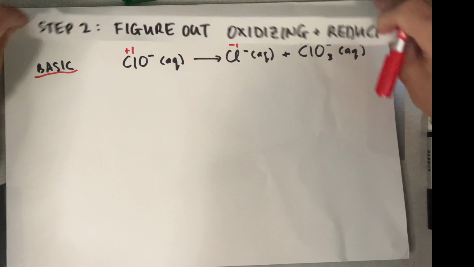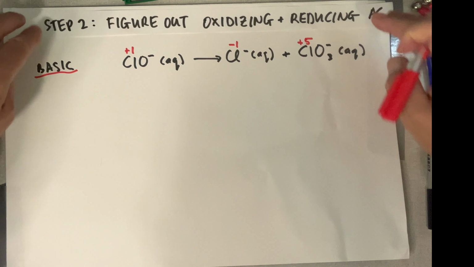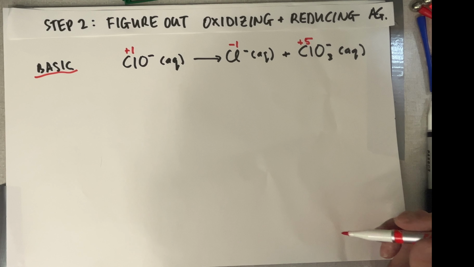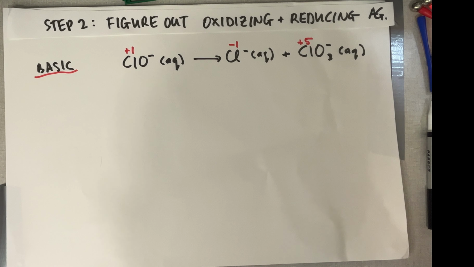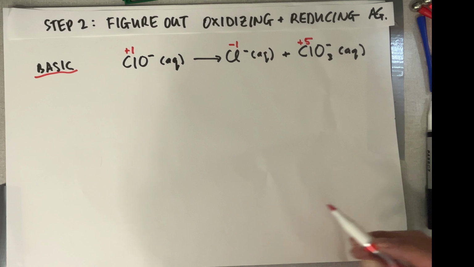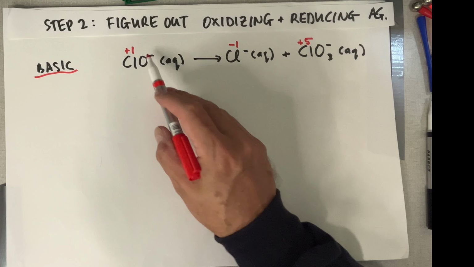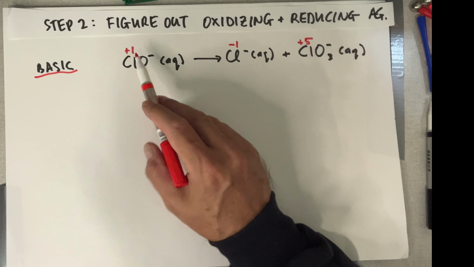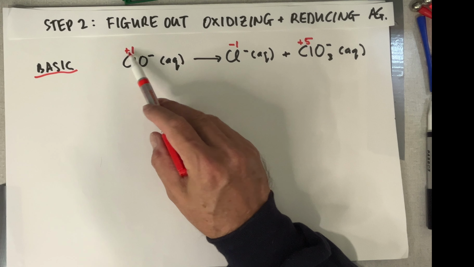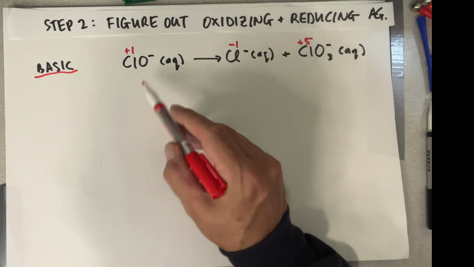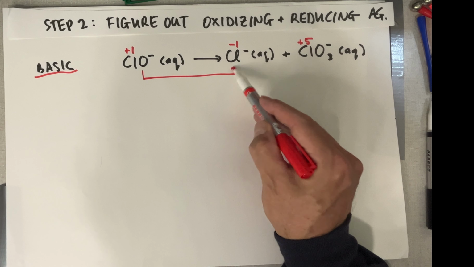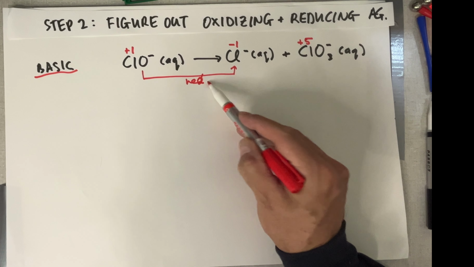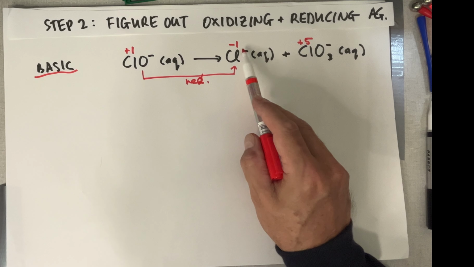In the next step, we try to figure out what is the oxidizing and what is the reducing reagents or agents. And we can tell that for the hypochlorite species here, the oxidation number goes from plus 1 to minus 1 in this case. So that is a reduction because the oxidation number decreases.